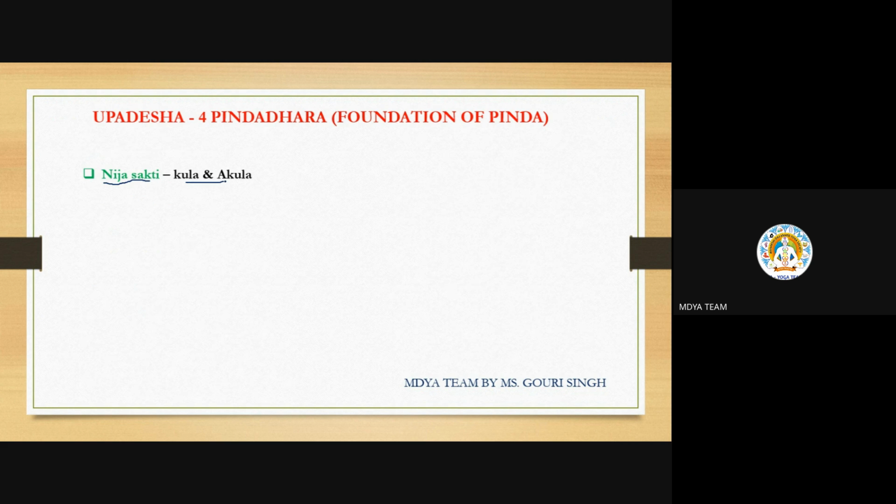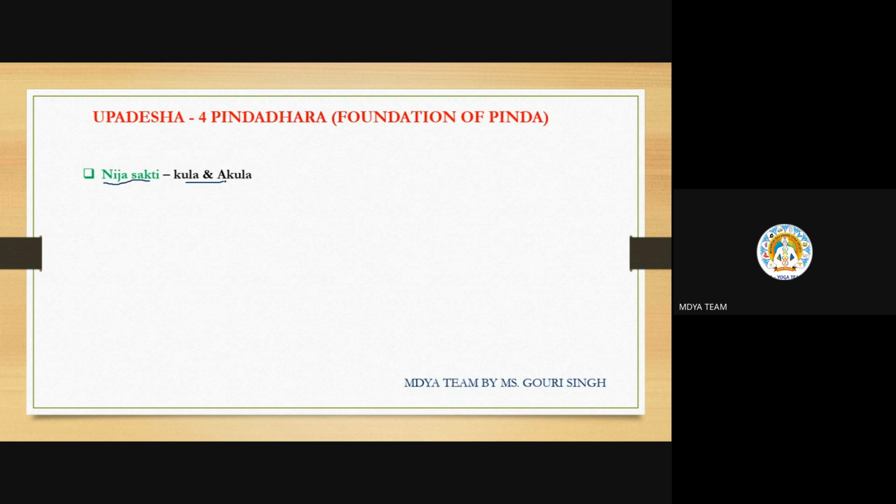Who are Kula and Akula? Here Kula and Akula are discussed, because all the things are described about Lord Shiva here, because Guru Gorakshnath is also a disciple or believer of Saivism. So he associates all the things with Lord Shiva.